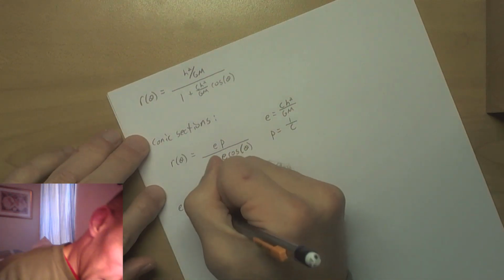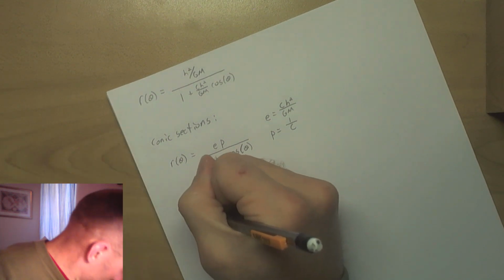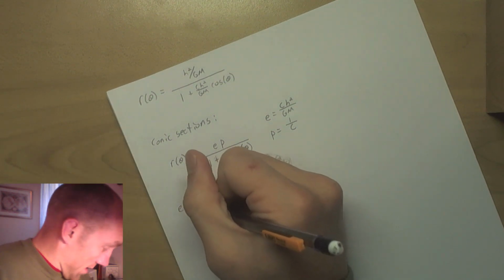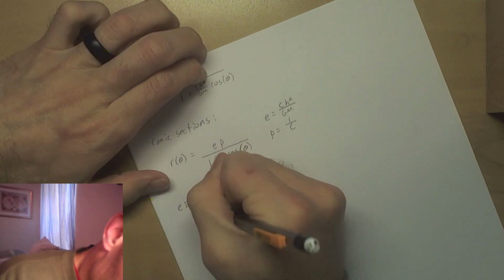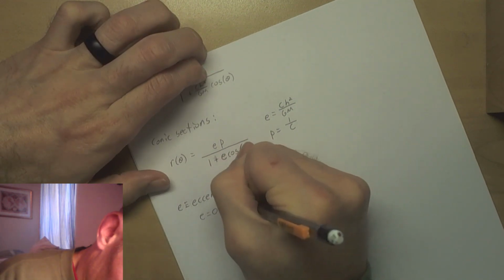And if E is equal to 0, you get a circle.